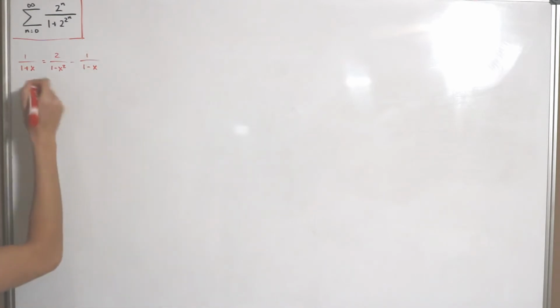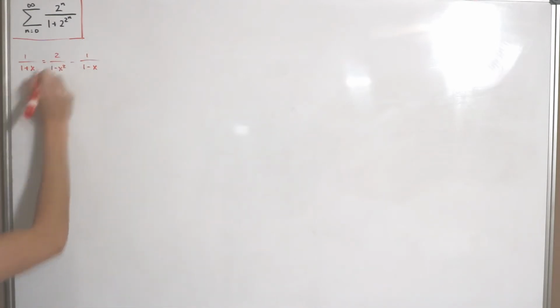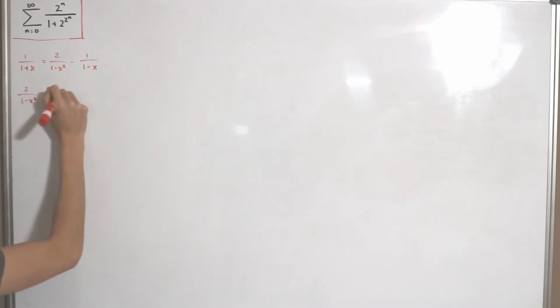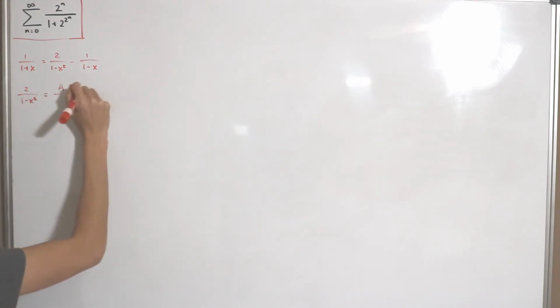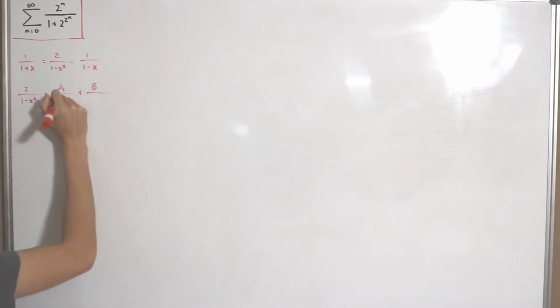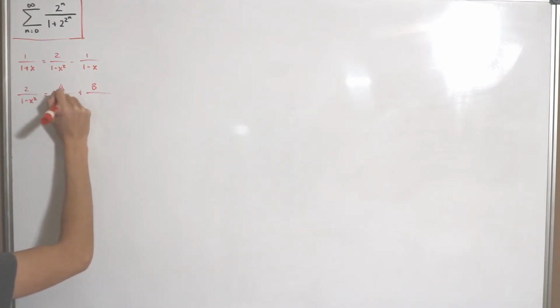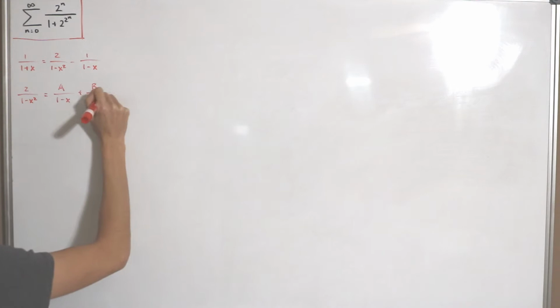You can see this by considering 2 divided by 1 minus x squared. I can decompose this using partial fractions, with the denominators 1 minus x and 1 plus x.